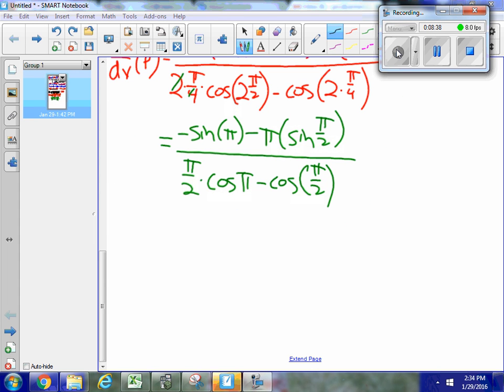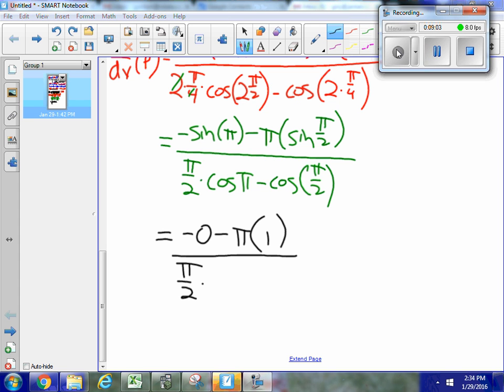So the sine of pi, looking at the unit circle, the sine of pi, well, that's 0. So that's negative 0 minus, well, pi, the sine of pi over 2 is 1. And that's divided by pi over 2.